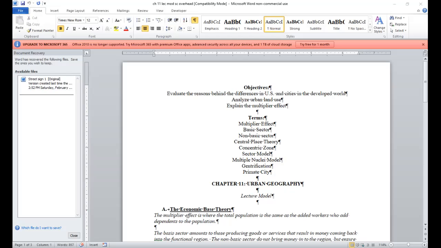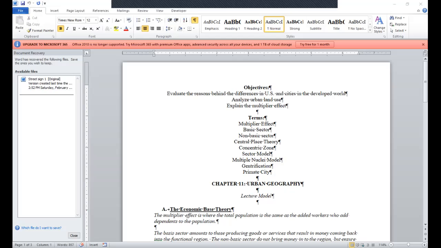And then a multiple nuclei model, very different from the first two. The central business district isn't necessarily where the action is emanating from, the economic action. It could be out on the periphery someplace, an airport, some kind of retail district, okay?